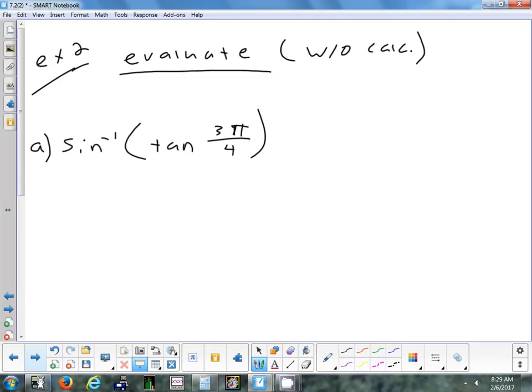All right, so let's start with trying to figure out the tangent of 3 pi over 4. What is 3 pi over 4 in degrees? Well, Francisco, do you know what 3 pi over 4 is in degrees?